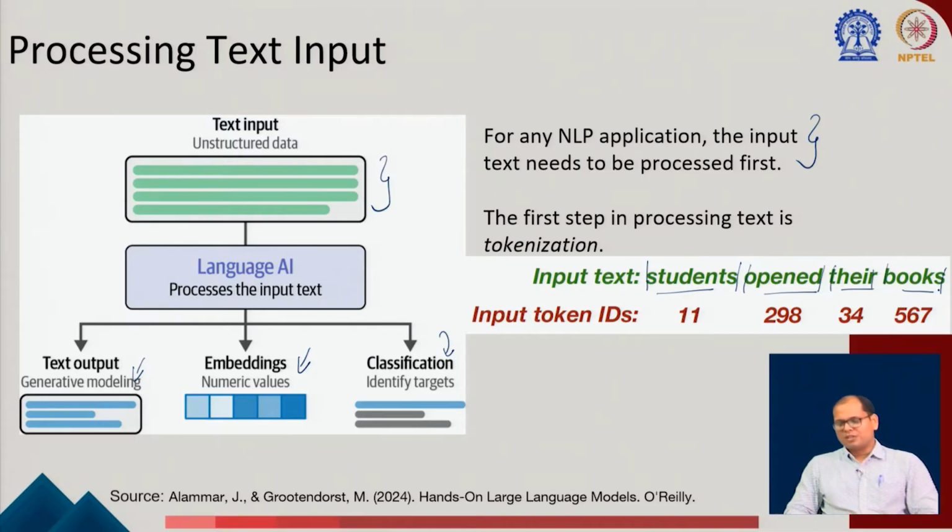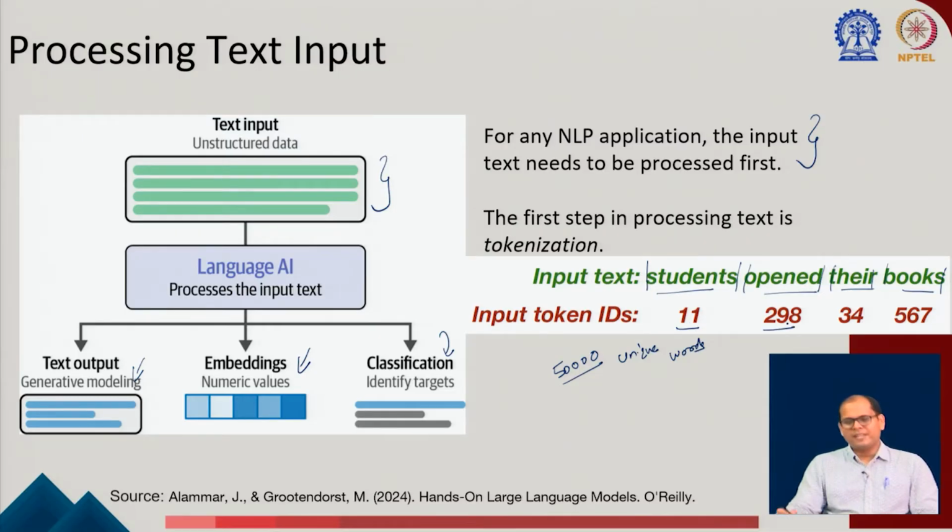How would I give them an ID? I would have some predefined vocabulary, so you have to have some way of defining a vocabulary. Let's say my vocabulary has 50,000 unique words, and each word will be given an ID based on where it occurs in the vocabulary. It may be based on lexicographical ordering or any other ordering that you take. Say students occurs at the 11th position, so it has ID 11.